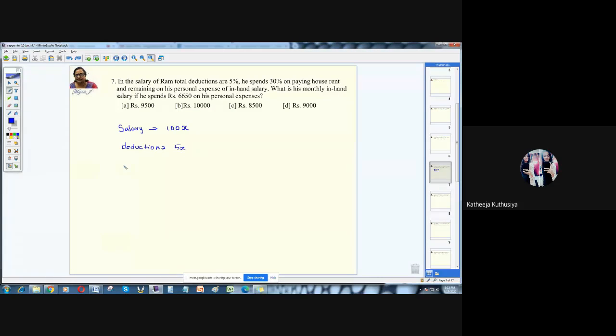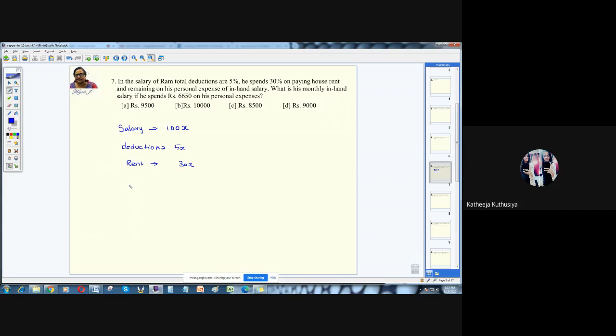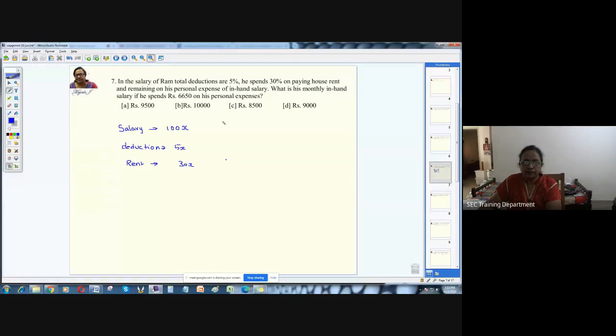The next one: 30% on rent. So rent is going to be 30x. Next, 100 minus 35 will be the remaining percent.